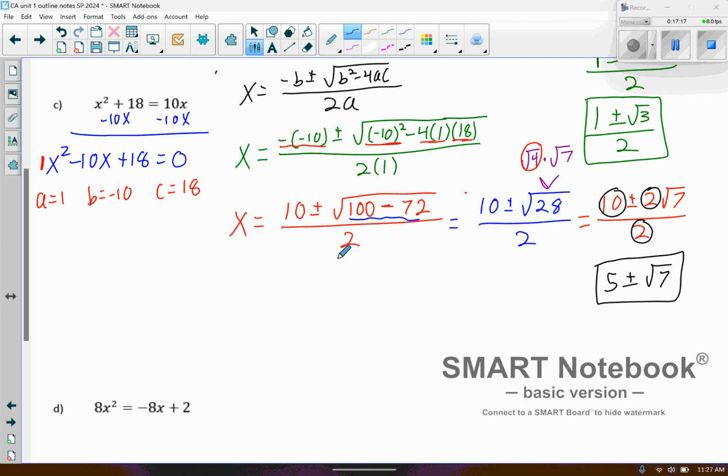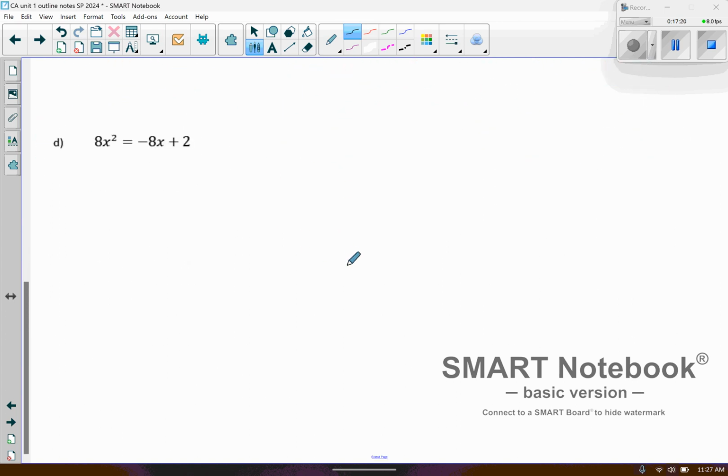All right, moving on. Here we are. So we need to get this in that standard form. So we're going to add 8x to start and then subtract 2. So let's see, we've got 8x squared plus 8x, and then minus 2 equals 0.